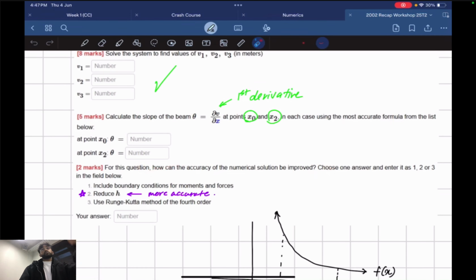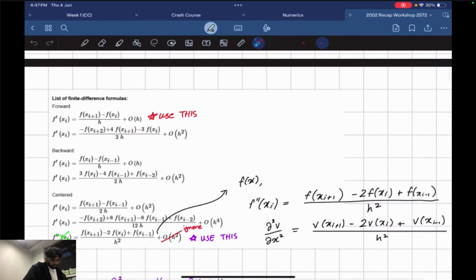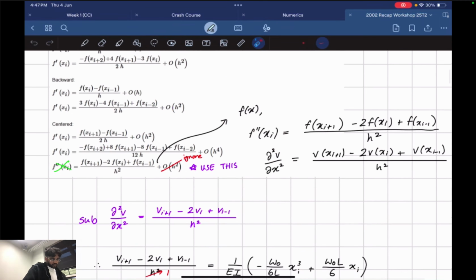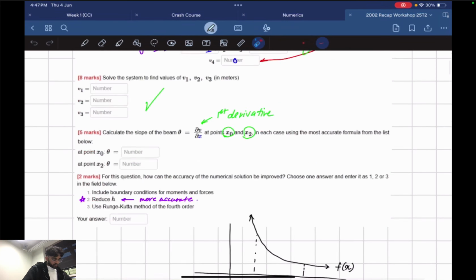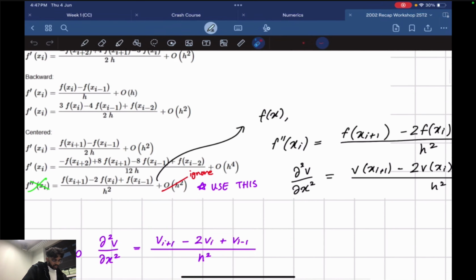So we're saying how can we reduce the error? Oh, they've told us in this question, sorry, using the most accurate formula. So we're using the one with the least error. Obviously there's a bunch of different equations that we can use, but we want to use the most accurate one. Which one's the most accurate one out of all of this? It's the one.